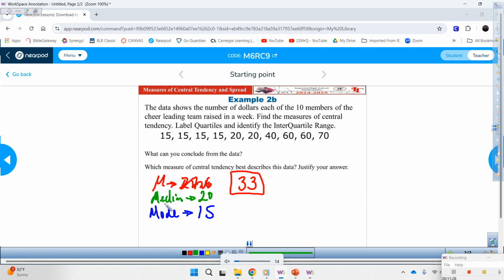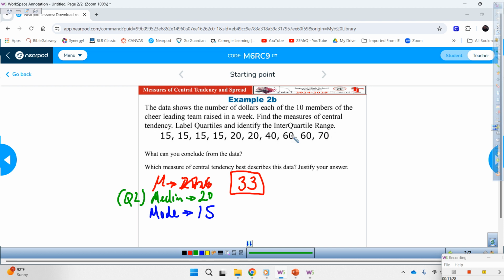Darren, which one's quartile number 2 out of these 3? Julius, which one? That is correct. The median is always quartile number 2. That's where we start.